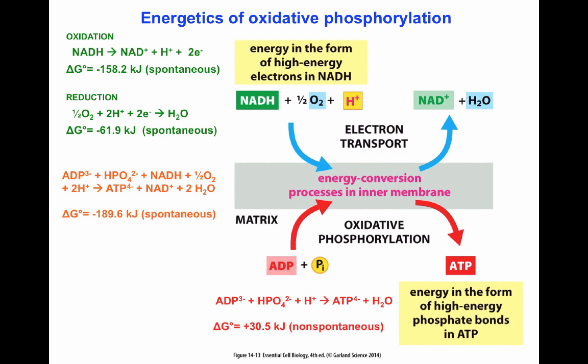We have ADP plus phosphate plus NADH plus half an oxygen plus 2 protons, and that gives you 1 ATP molecule, 1 NAD+ molecule, and 2 water molecules. That has a delta G naught of minus 189.6 kilojoules, which makes that reaction spontaneous. Now what we're going to see is that the energy is passed through discrete steps in the electron transport chain.